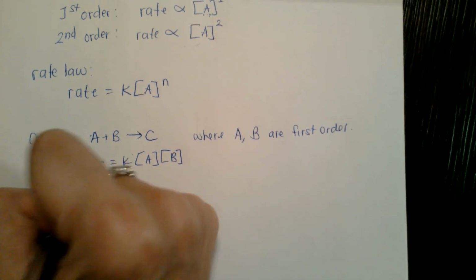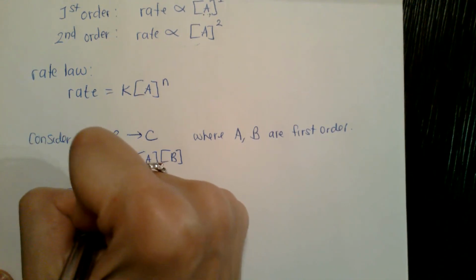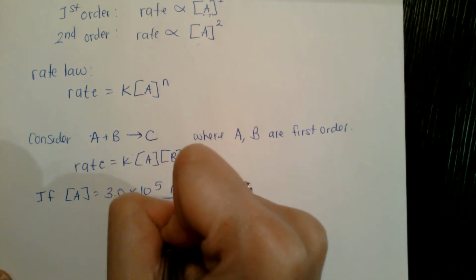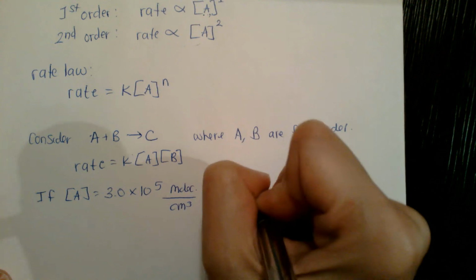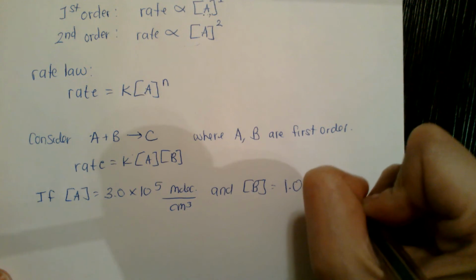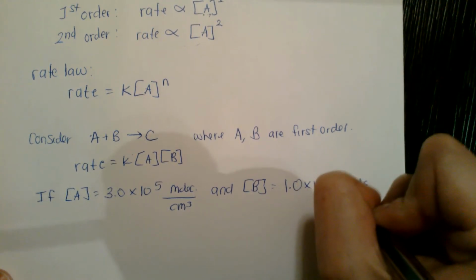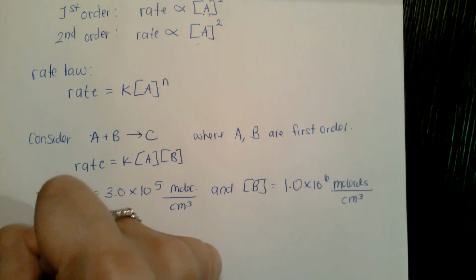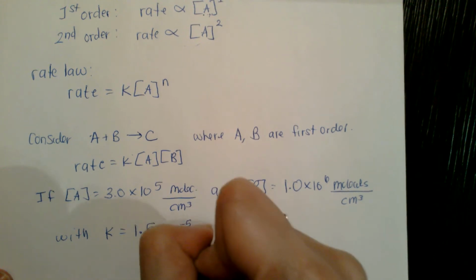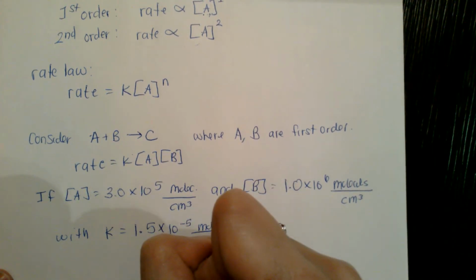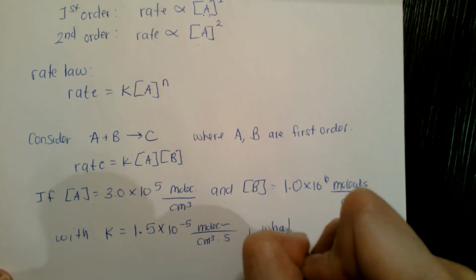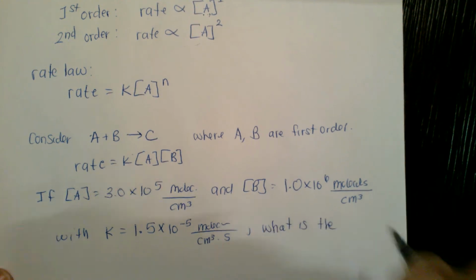So for example, if the concentration of A equals 3.0 times 10 to the 5 molecules per centimeter cubed, and the concentration of B equals 1.0 times 10 to the 6 molecules per centimeter cubed, with a rate constant equal to 1.5 times 10 to the minus 5 centimeter cubed per molecule per second. What is the initial rate?